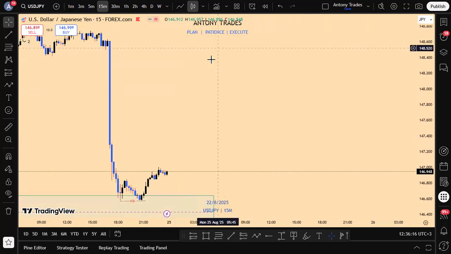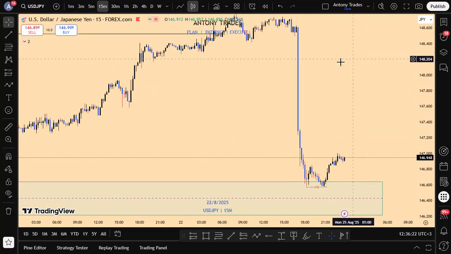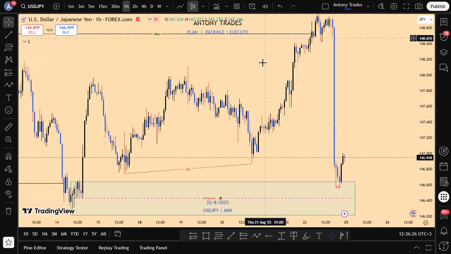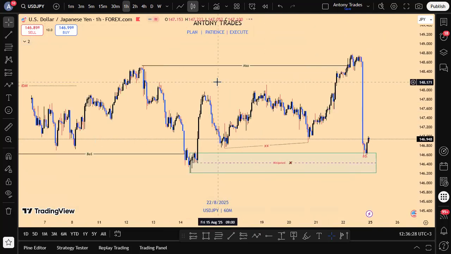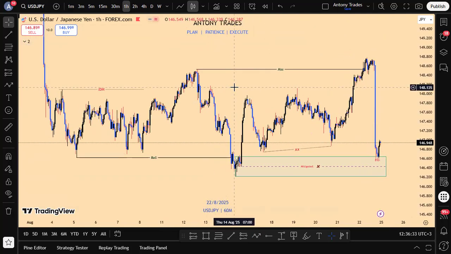If the continuation never gives us the nice setup, then now there is no trade for me. But for now, that is the setup that I'm having on USDJPY.